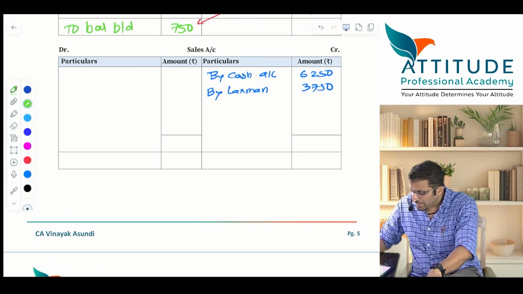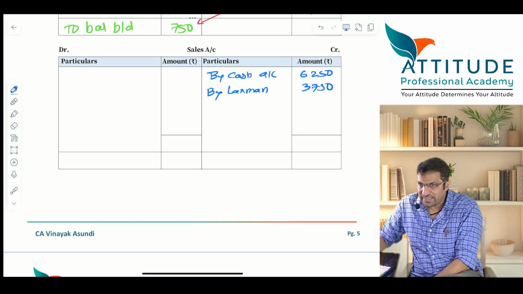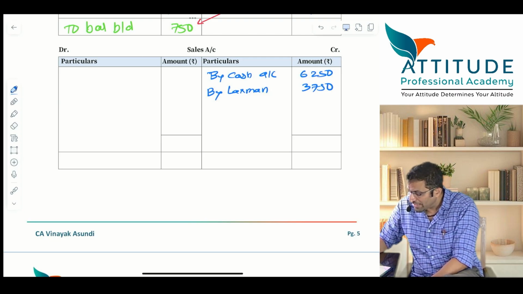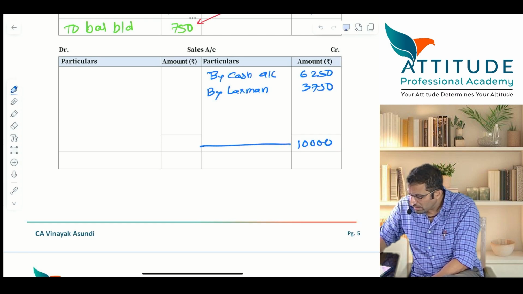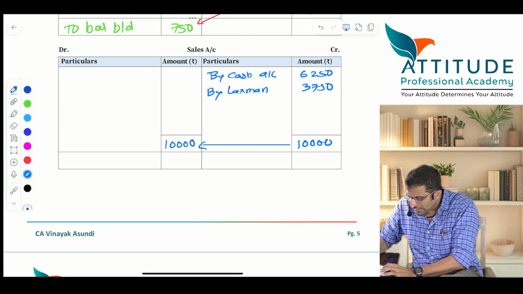Last account is what? Sales. Nityashri will tell this. Which side total should I write, Nityashri? Credit. How much? 10,000. The same total should be written on the debit side too. What is there on the debit side? Nothing, no?